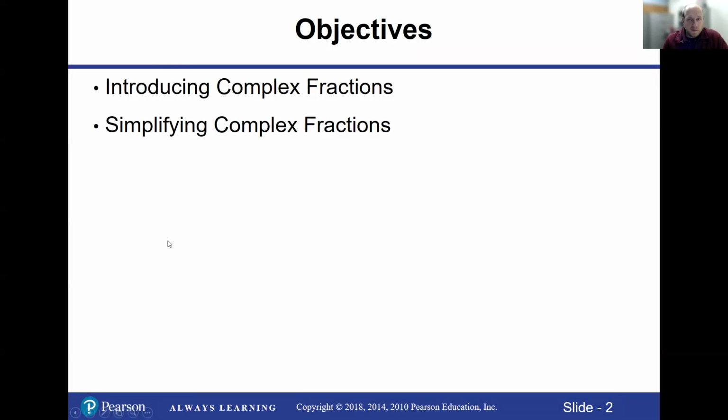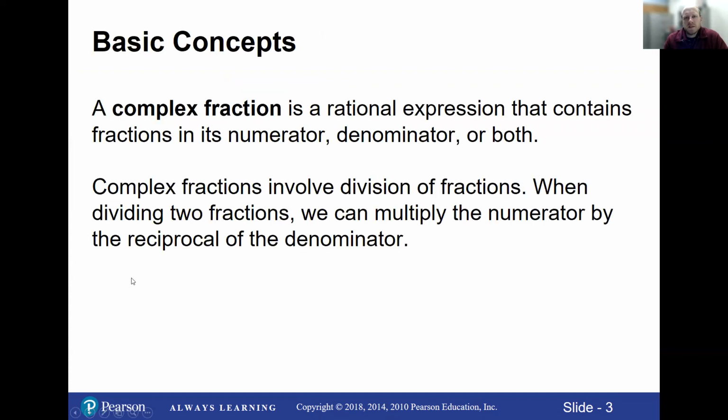So we're going to introduce complex fractions, and then we're going to simplify complex fractions as well. So what is a complex fraction? Well, it's basically a rational expression that contains fractions in the numerator, denominator, or both, okay? So basically they involve division of fractions.